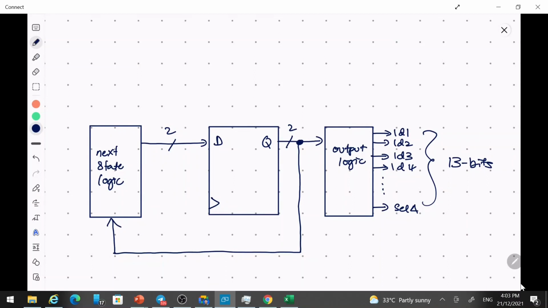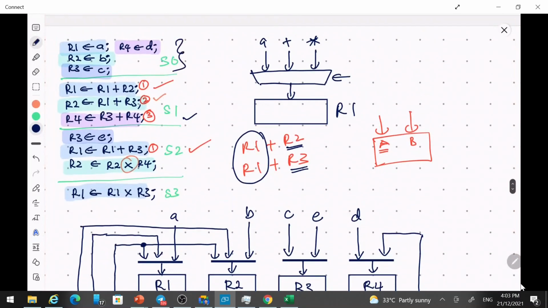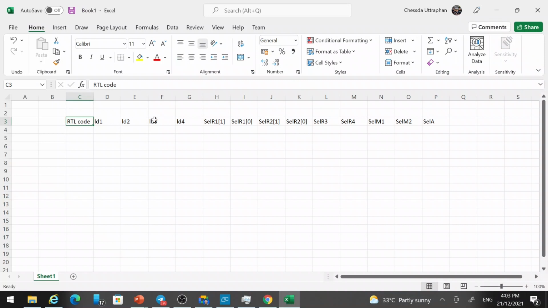So this will be our control circuit, and our task is to create this logic based on its behavior. In S0, we need to do this operation: R1 gets A, R2 gets B, R3 gets C, and R4 gets D. To do that, we need to activate the control signals at the correct time.